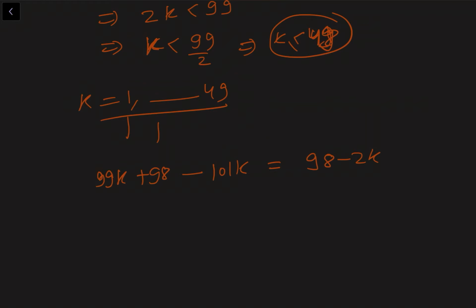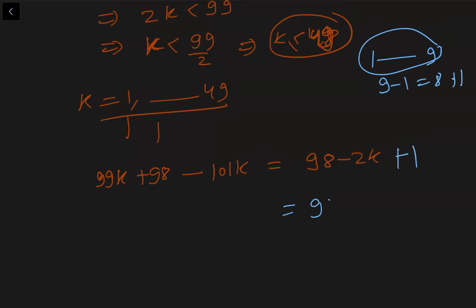Whenever we do counting, like 1 to 9, doing 9 minus 1 gives 8, but actually there are 9 numbers, so we need to add plus 1 here. So I'm getting 99 minus 2k. For any k, I get this many values of x.